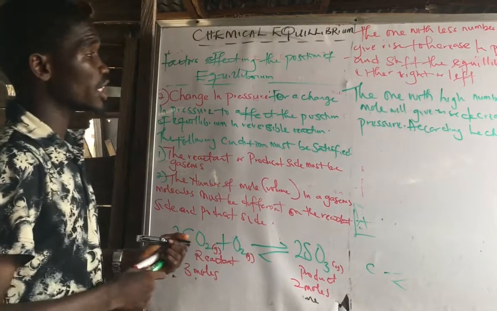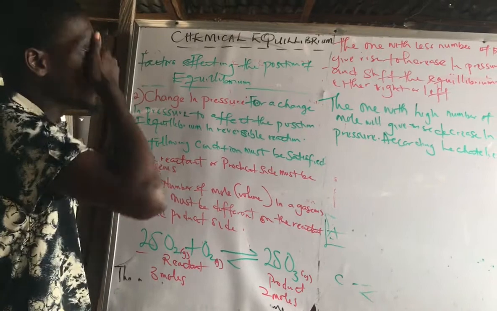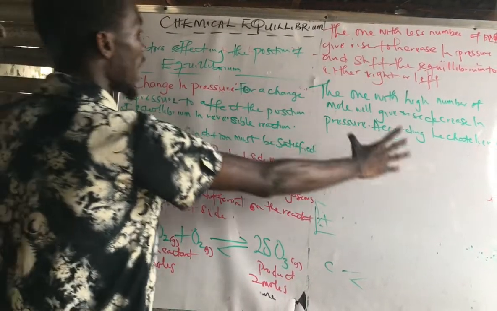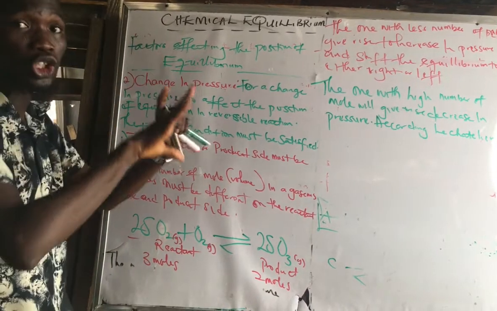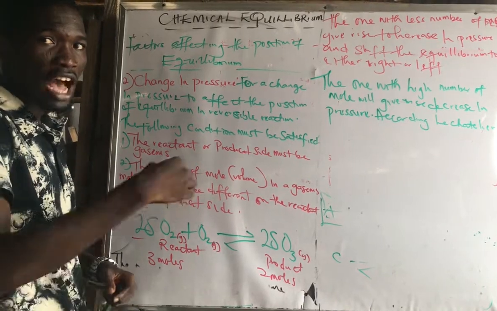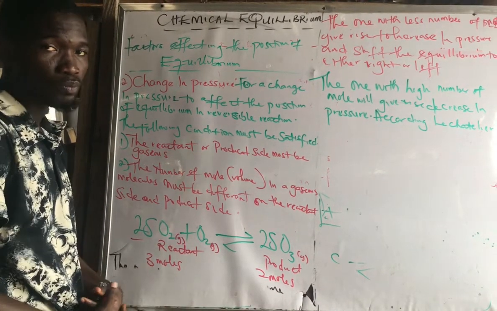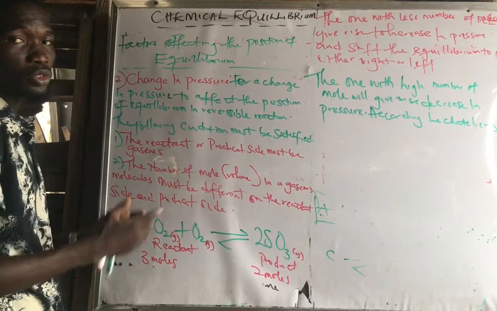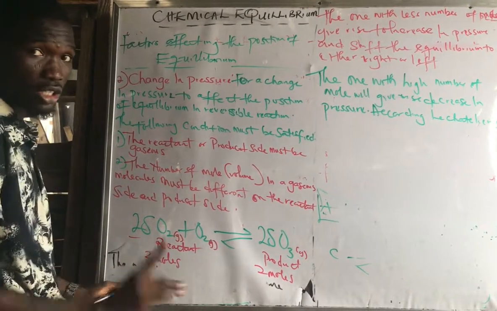So now, earlier I explained the change in temperature. Now what you have here should give you a clear picture of the effects of pressure, which affect the position of equilibrium. Now, don't forget that for every change in pressure, the reactant side and product side must be gaseous. That's number one.